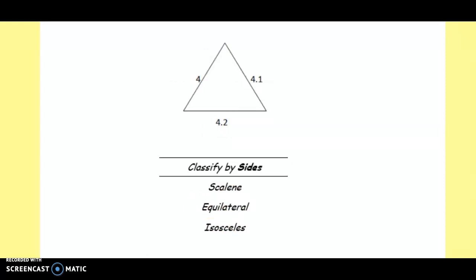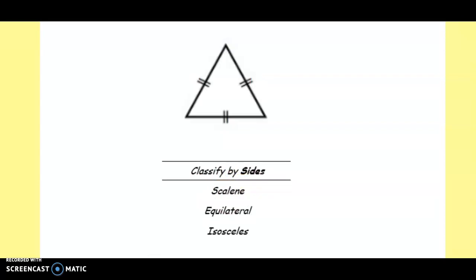Okay, looking at this one, we have 4, 4.1, 4.2. They're all kind of close, but really all different, so those would be scalene. So scalene triangle. This one right here, we don't have any measurements, but we do see these slashes. So slashes mean that they are the same. All three sides are the same in this triangle, so that would be an equilateral triangle.